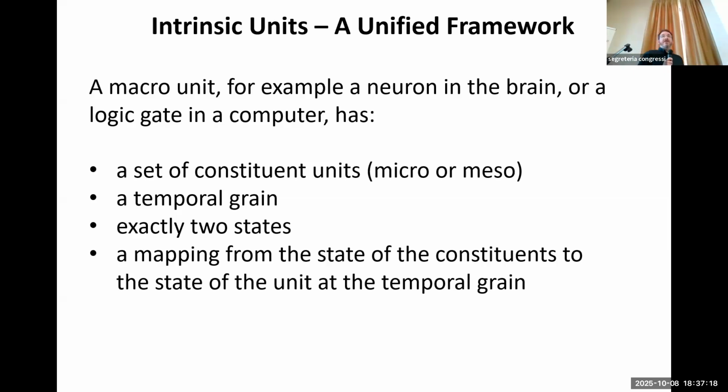It's going to have exactly two states, so we are saying they're binary macro units. And then it's going to have a mapping from the states of its spatial constituents over its temporal grain to the state of the macro unit. Some of those mappings will be what we previously called coarse grains, some will be what we previously called black boxes, and some will be a middle ground between the two.